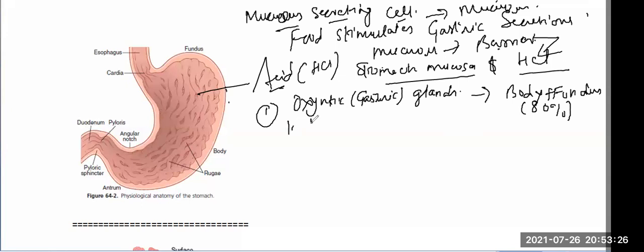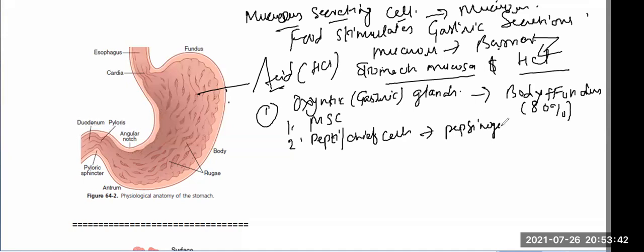And in your oxyntic gland, you have mucus secreting cells. Second thing you have is peptic or chief cells that secrete pepsinogen. Pepsinogen is the inactive form of the enzyme pepsin that helps in early protein digestion in your stomach. And remember, in the stomach protein doesn't get completely digested.